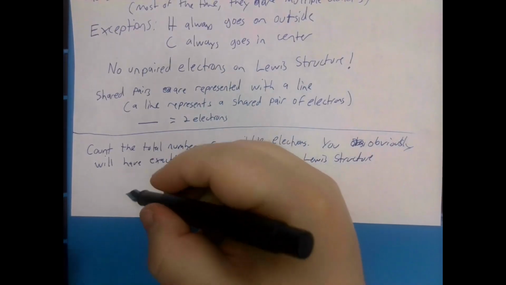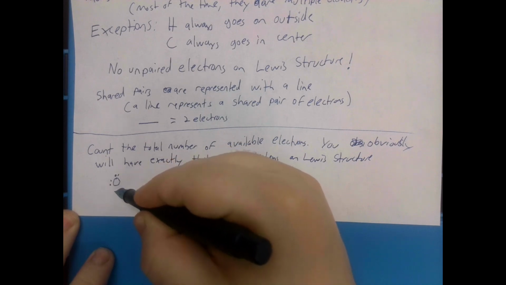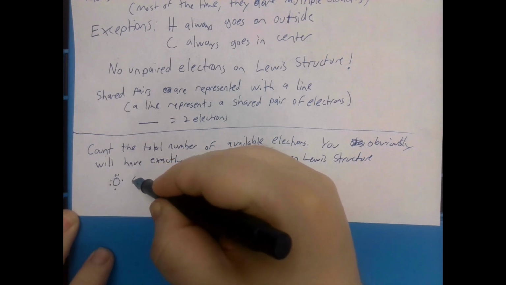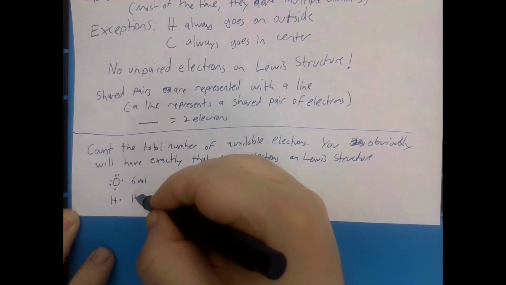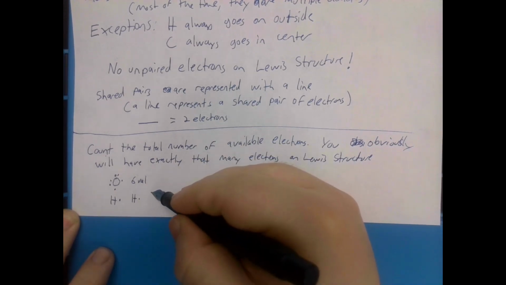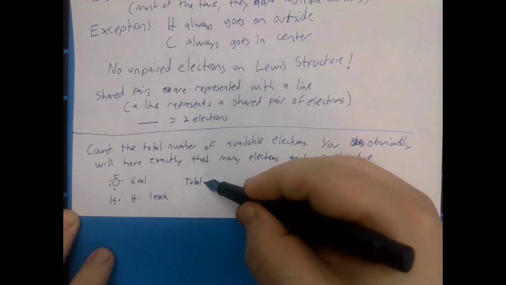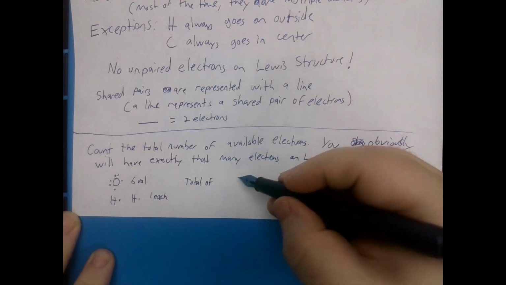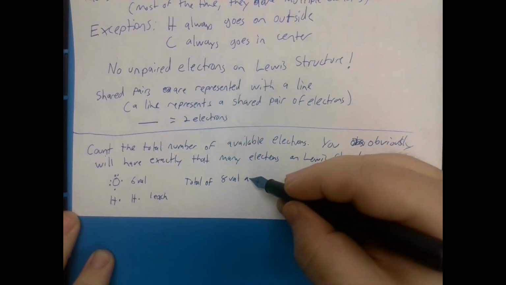For example, oxygen has 6 valence. This hydrogen and this hydrogen both have 1 each. So a total of 8 valence available.